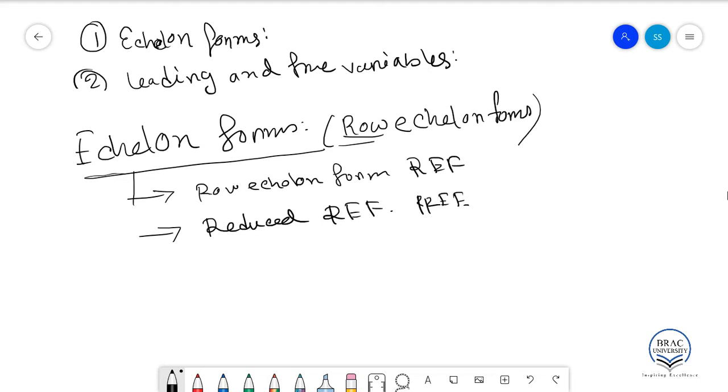Let's take an example so that we can see what is an echelon form. Let's say you have a system of 4 variables, but you have 3 equations. So these 4 variables will correspond to 4 columns, and these 3 equations will correspond to 3 rows.